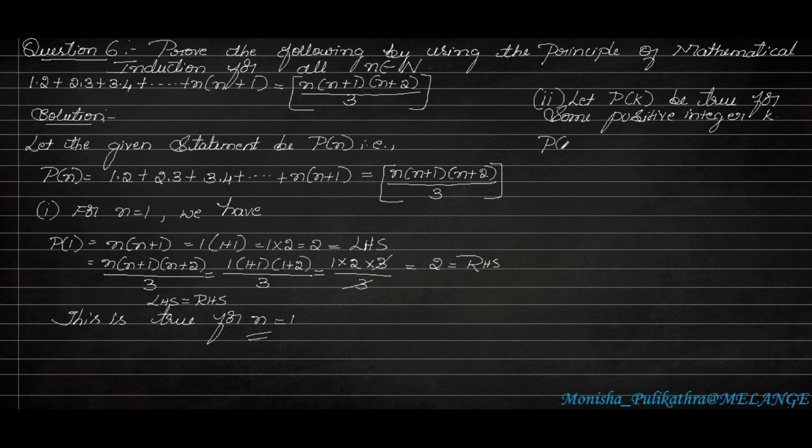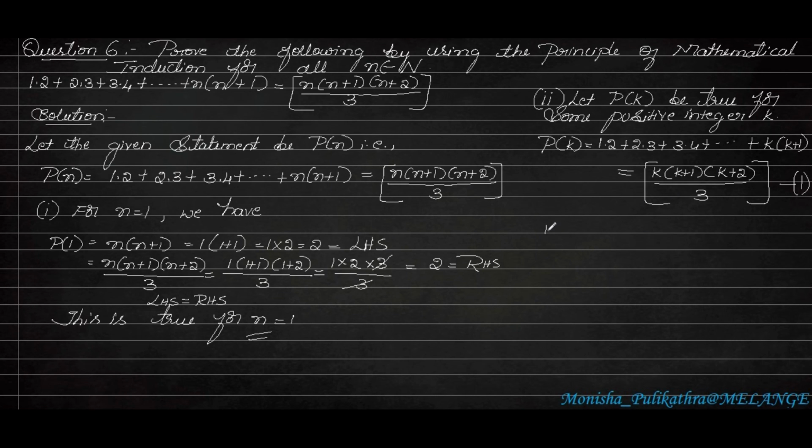Okay. So p of k is 1 into 2 plus 2 into 3 plus 3 into 4 plus etcetera plus k into k plus 1 is equal to k into k plus 1 into k plus 2 whole divided by 3. So let this be equation number 1. So this is for substitution.